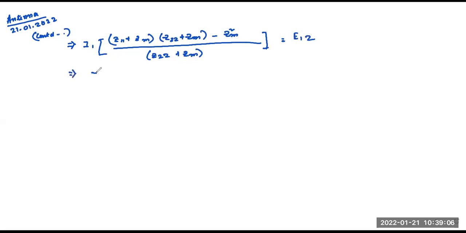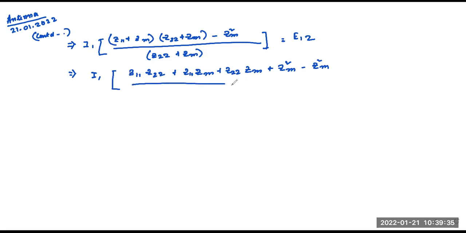That implies, if I multiply, I1 times Z of 11 into Z of 22 plus Z of 11 into Z of M plus Z of 22 into Z of M plus Z of M square minus Z of M square, by Z of 22 plus Z of M, that whole thing equals E of 12.